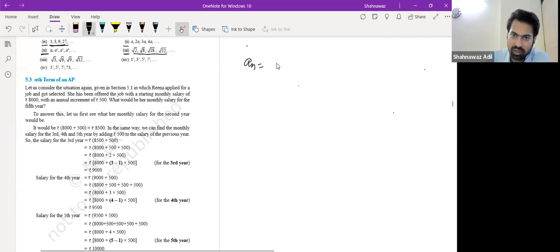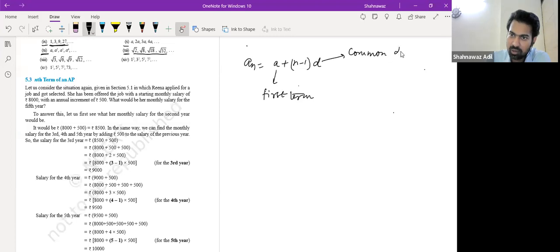So general term is represented as this, right? And this is the first term. This is the common difference, right? And this is the number of terms. And this is the nth term.